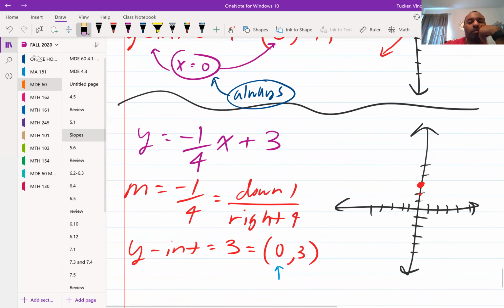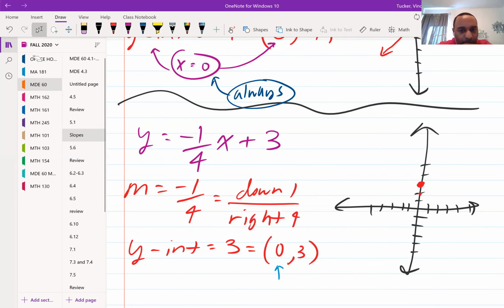All right. Negative 1 over 4 x plus 3. So what's in front of x is our slope, negative 1 over 4. So the 1 is negative, the 4 is positive, so I go down 1, right 4.